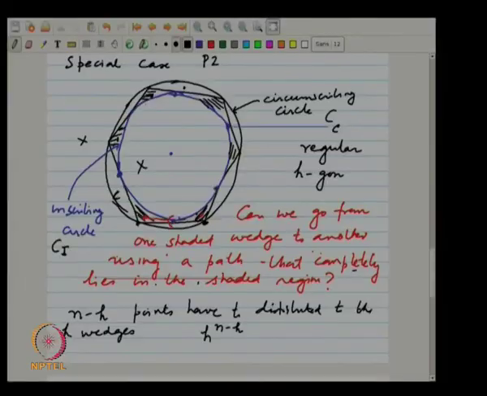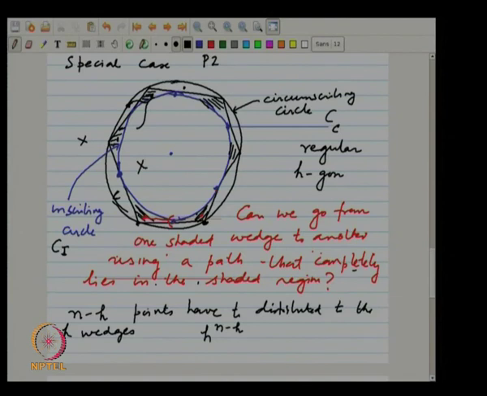I claim that the number of connected components is h to the power n minus h. Why? Because to go from any yes instance to another yes instance, you have to necessarily go through a no instance. There is no path that connects two wedges without going outside of the solution. I have to either cross inside or go outside. I cannot travel from this point to this point without crossing some separating boundary, which is a no solution.